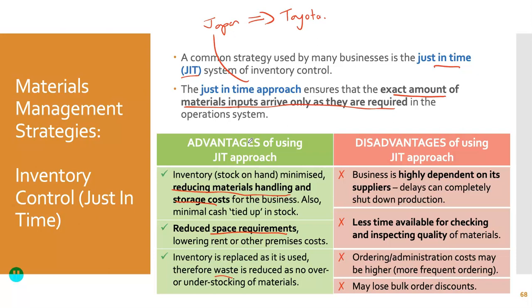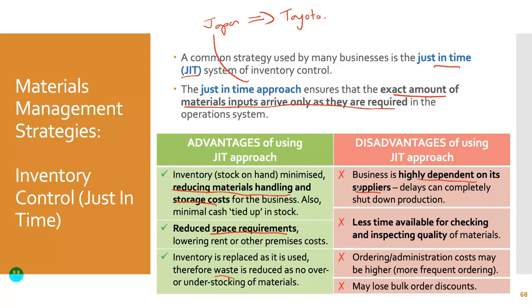Now, if they don't manage this appropriately, there are significant disadvantages to just-in-time. It means businesses are highly dependent on their suppliers because they are putting trust in them that their deliveries will arrive when they say they will. Because remember, they only have enough inputs for what they need. The material inputs arrive only when they're required.